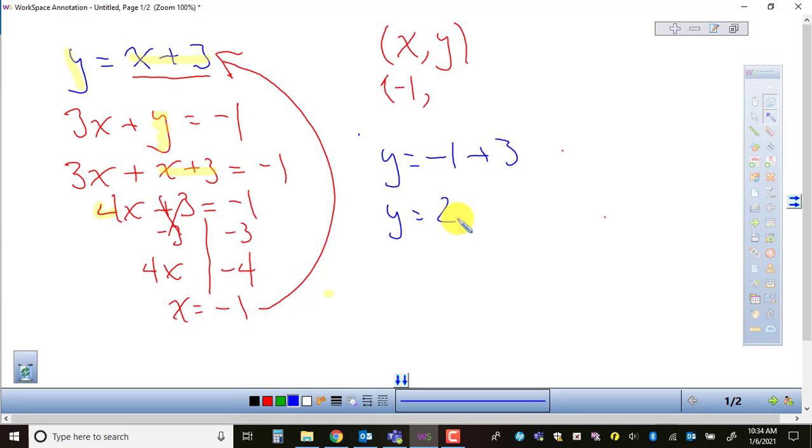So y is equal to 2. There's my ordered pair. -1, 2 is the one ordered pair that would work in both of these equations at the same time. Or if I were to graph these, I know that they would cross each other at the ordered pair -1, 2. So let's try another one.